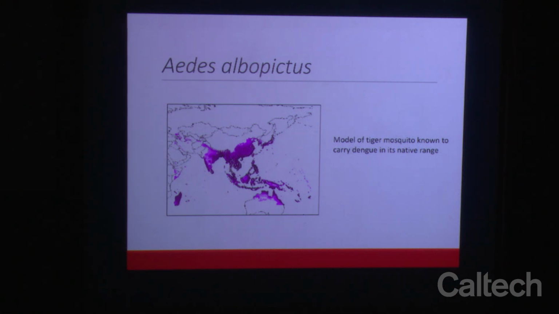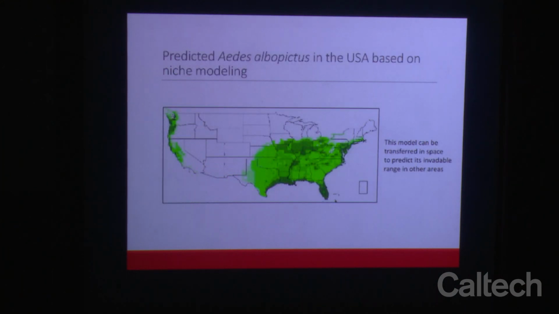And then from that, we can take the niche model and reproject it into areas where Aedes albopictus has invaded. There's an invasion front, and so we know that these are non-equilibrium dynamics. We can still model where that might occur in, say, the US based on projecting that niche model onto this geographic or this climate landscape in the conterminous US.